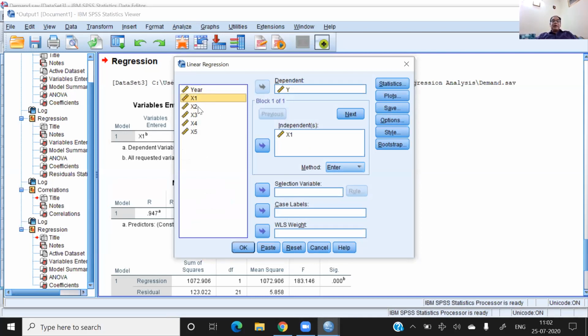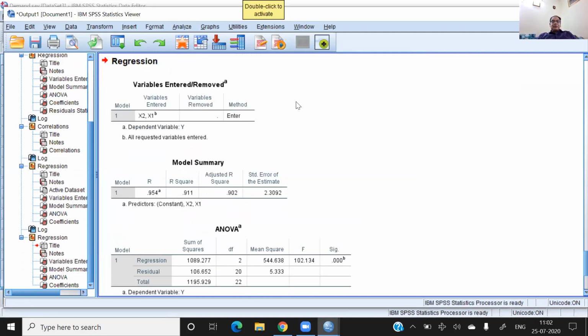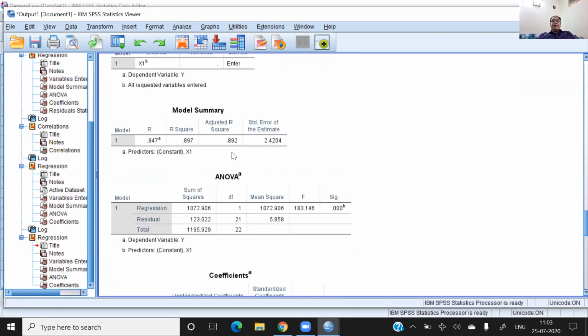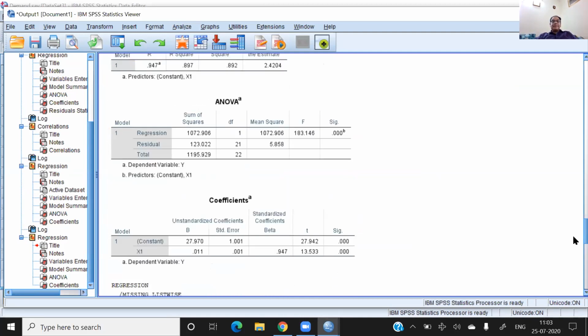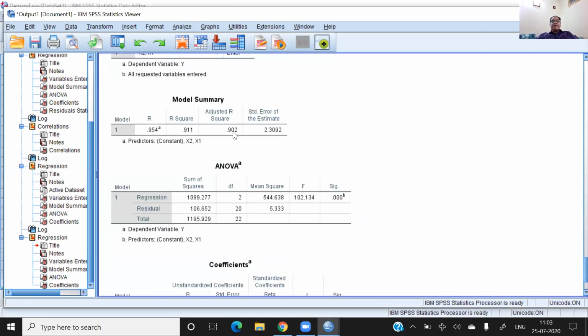I am going to add this x2 and click OK. Here you can see that it becomes 90, right? What is the earlier value? The earlier value is 89. Both increase. So it means this model is better than the previous model, right?